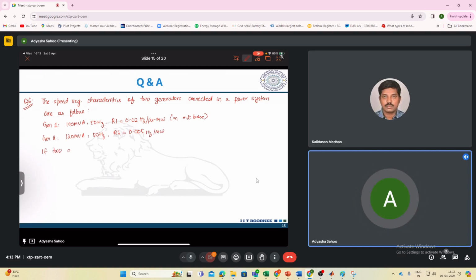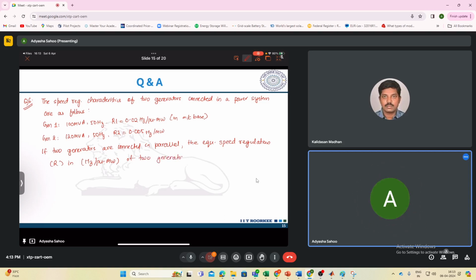So if two generators are connected in parallel, the equivalent speed regulation R in hertz per unit megawatt of two generators on 100 MVA system base is.